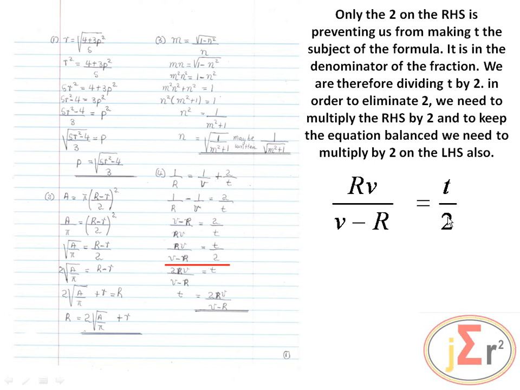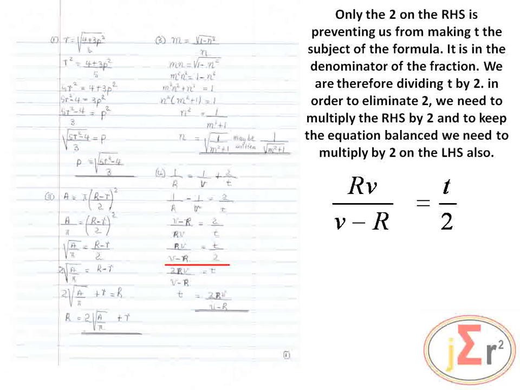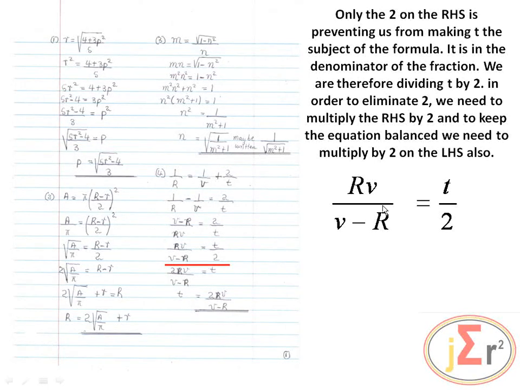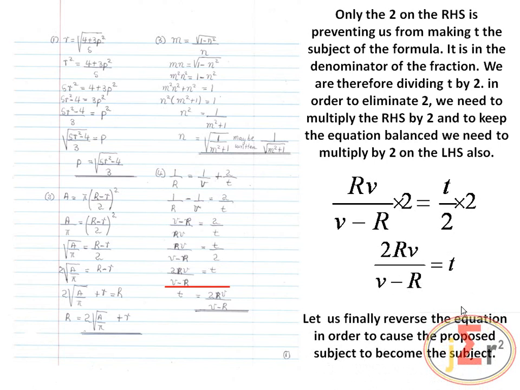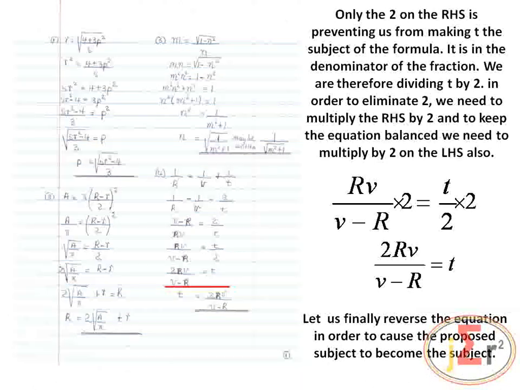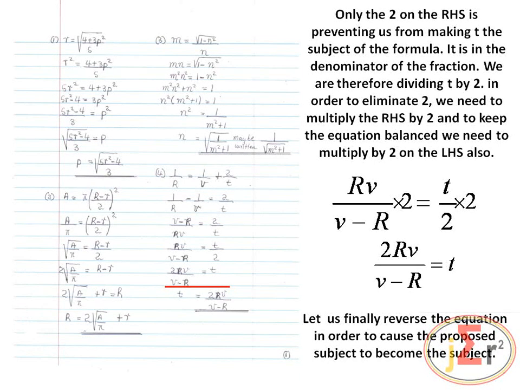So eliminate this 2 that we are dividing by, multiplying by 2. Keep the equation balanced by multiplying by 2 on the left hand side also. So there we have it, the elimination of the 2 from the right hand side, and the left hand side is multiplied by 2, and then let us finally reverse the equation in order to cause the proposed subject to become the subject.